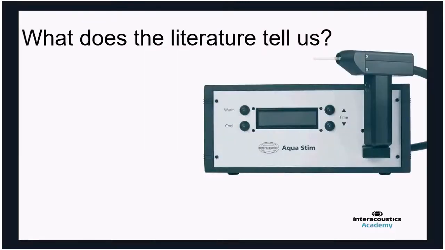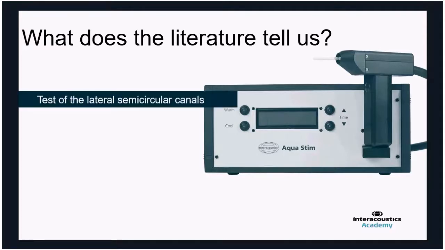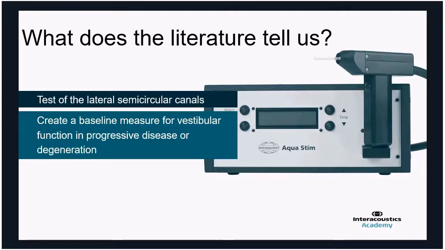What does the literature tell us then about some of these tests that we have performed? We know that the caloric test has been well received as a lateral semicircular canal function test. It does allow us to create a baseline for vestibular function, so we can look at changes over time with progression of disease or degeneration of the system.